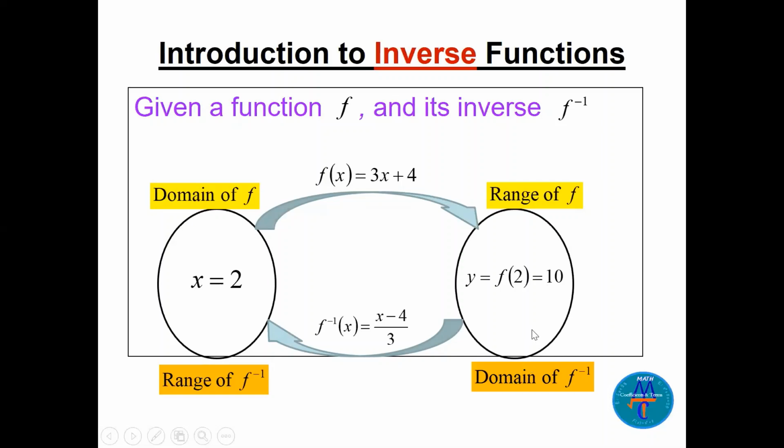So the inverse will be another function where we replace 10 in that function, 10 minus 4 is 6, divided by 3, so it will give back 2. The domain of the inverse is the range of f, and the range of f inverse is the domain of f. So f is a function, f inverse is another function, and this is the relation between them.